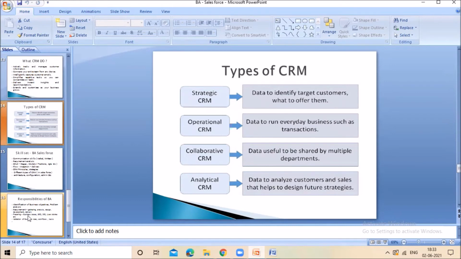Because CRM is nothing but how we manage customers, whoever they belong to. He may be a patient for a hospital, an employee, or a customer for a bank, right? Anyone may be. At the end of the day, we have to see how we are managing and what operational efficiency we are increasing. This is the functional experience we have to gain.